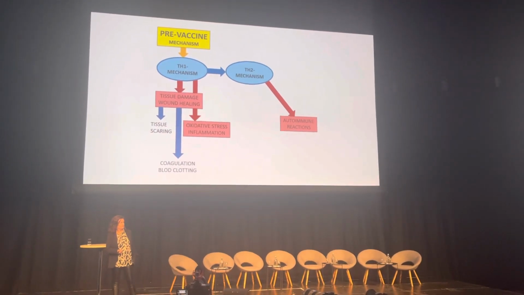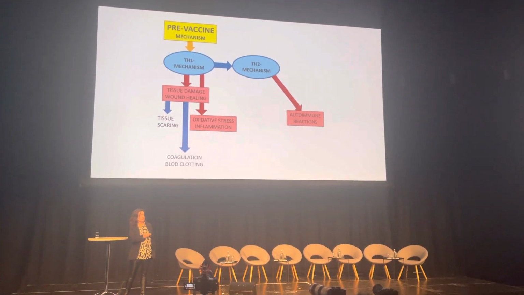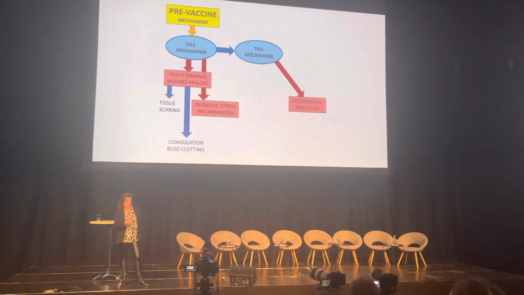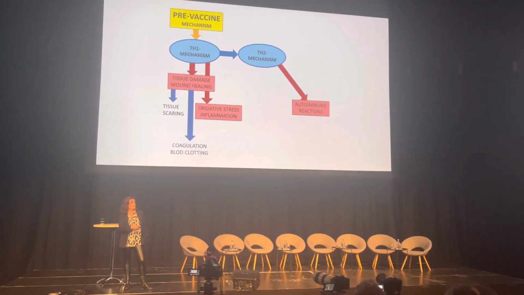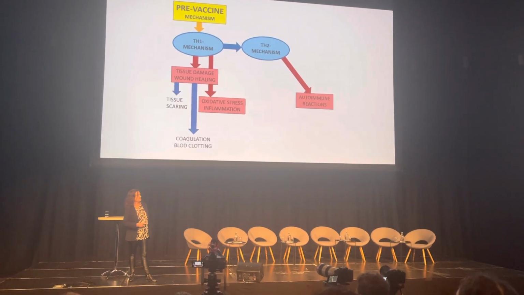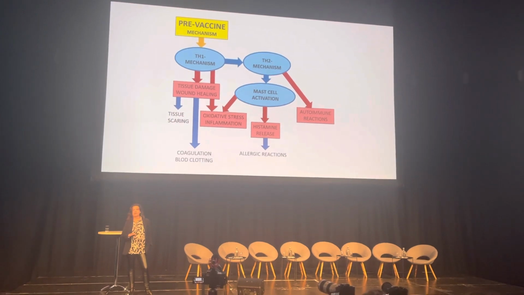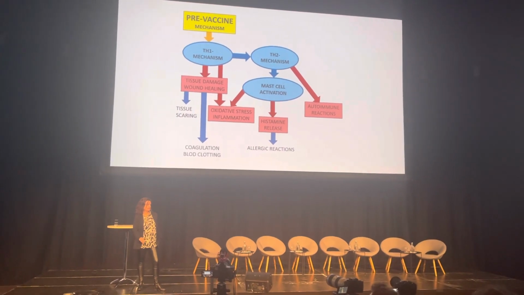A lot of autoimmune reactions are linked to these Th2 mechanism molecules. That is also somewhat linked to the Th1, but most of them are linked to the antibody system. And you will have mast cell activation. You can have very high levels of histamine in some patients.